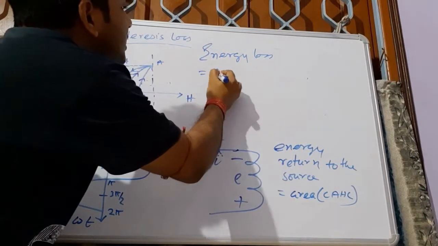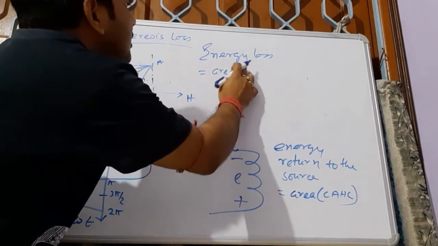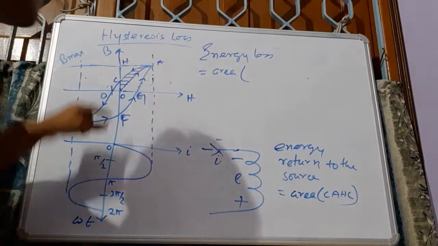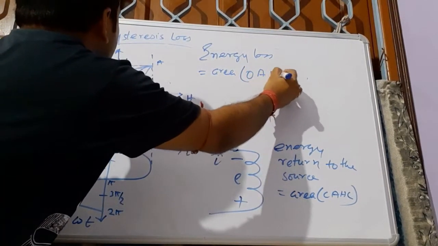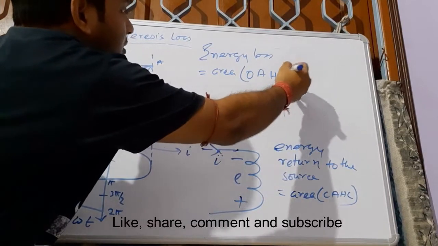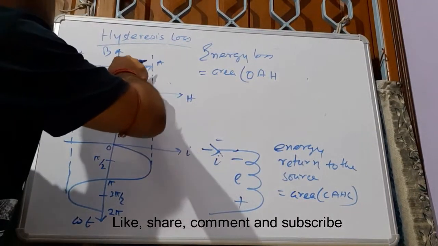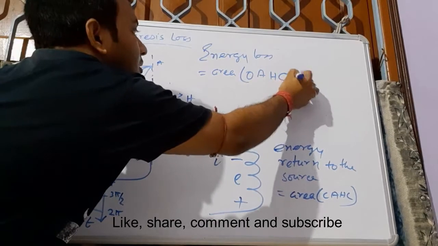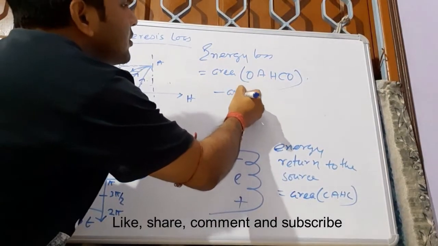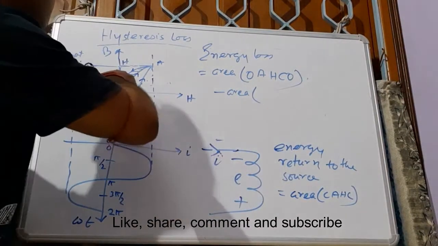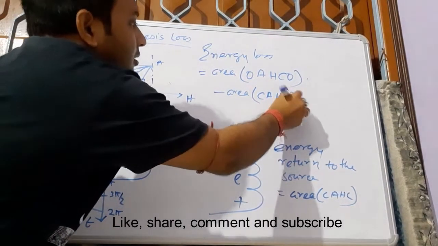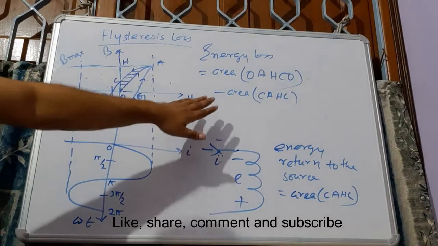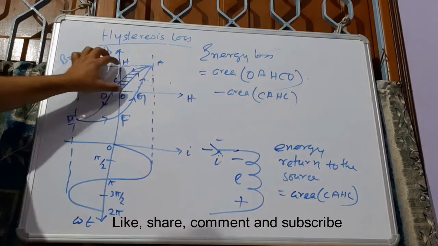Energy loss is the total area OAHCO minus the area of CAHC. This is the energy loss of this path.